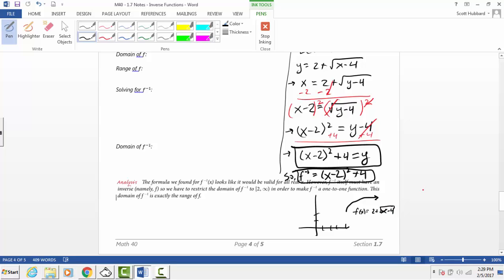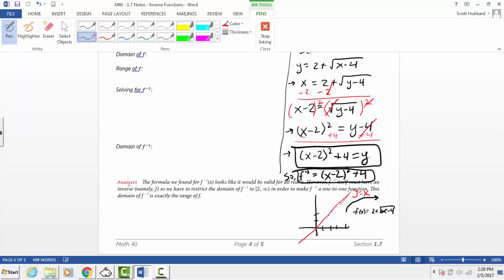What the inverse graph looks like is very similar, except it's going to be swapped across the line y equals x. Like I've been saying for this section, inverses swap inputs and outputs. So this graph will be swapped across here.